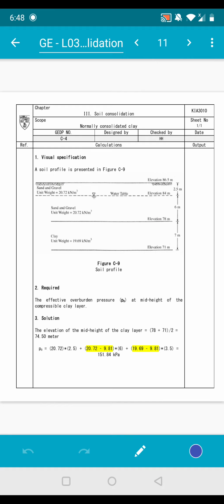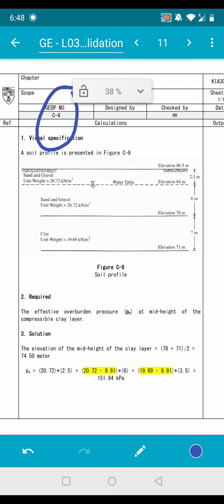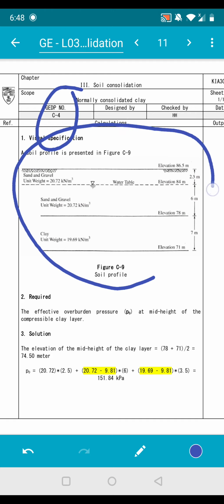Now let's look at C4. So you're going to move to another chapter, normally consolidated clay. Number 1, the specification is given as a visual. So a soil profile is presented here. Okay, so let's understand this properly.